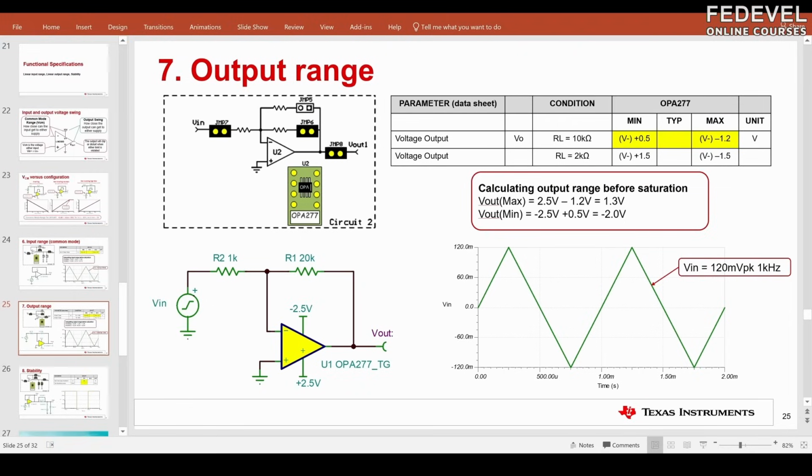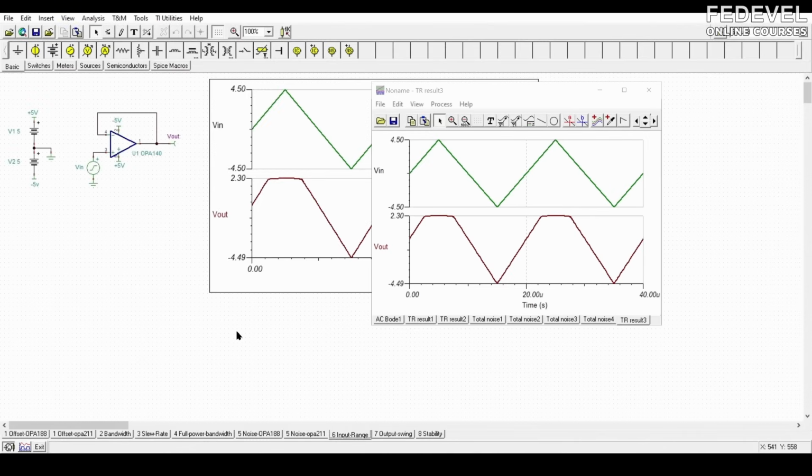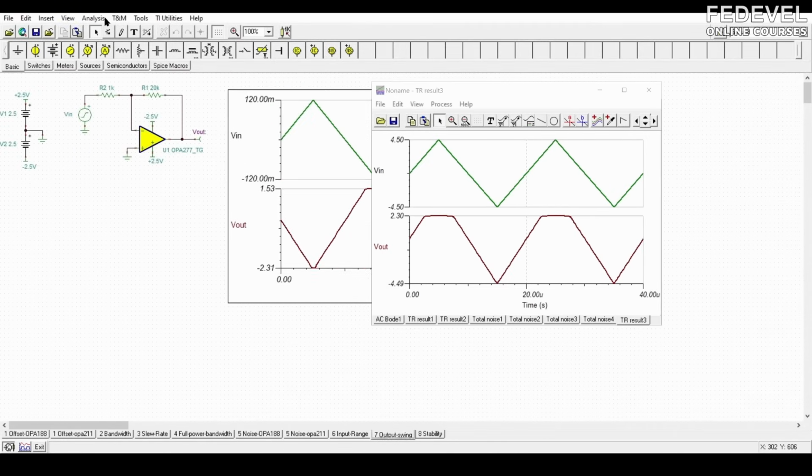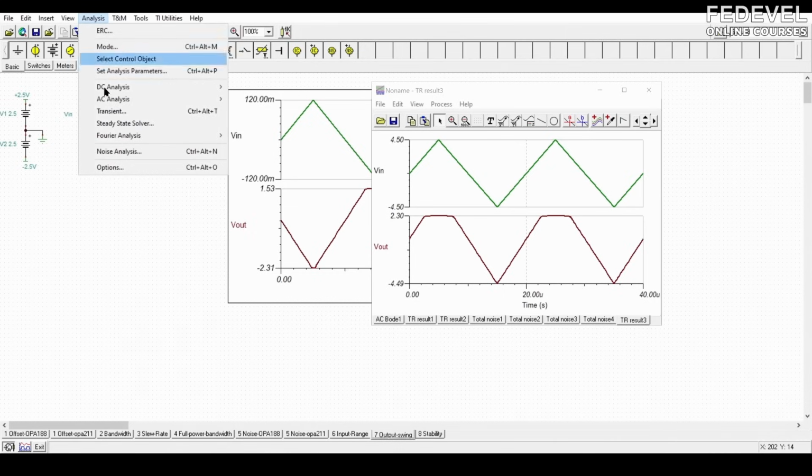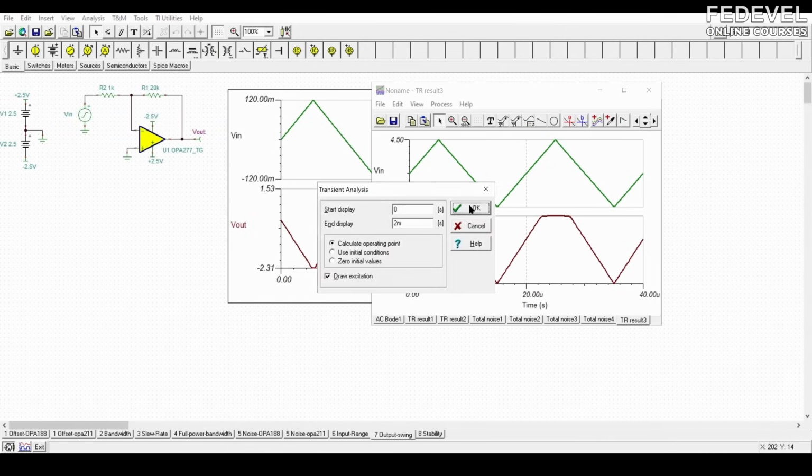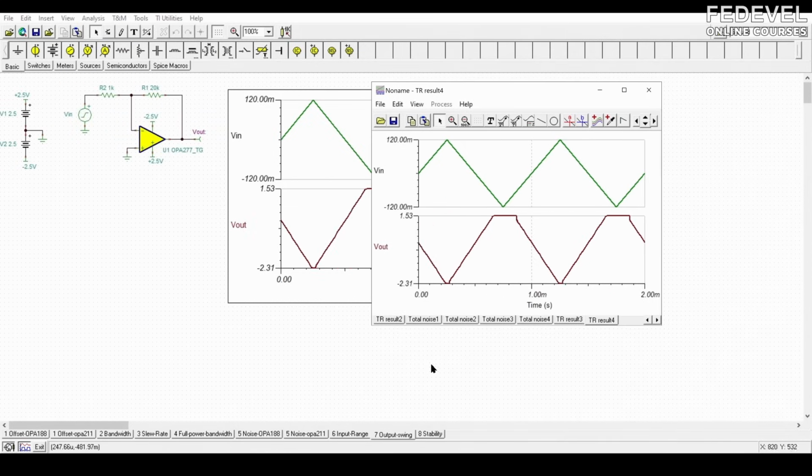So let's go ahead and look at the simulation. So we're going to output swing, and I say transient analysis. And now you could definitely see we're violating the positive swing. And we're even violating, you can see a little bit, the negative swing.